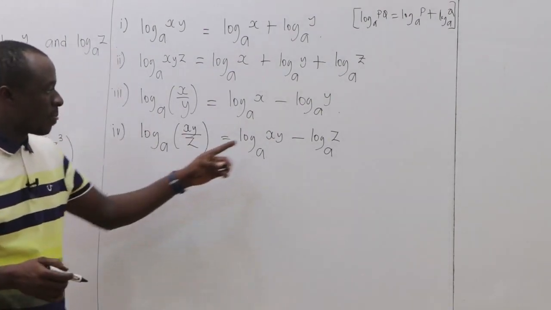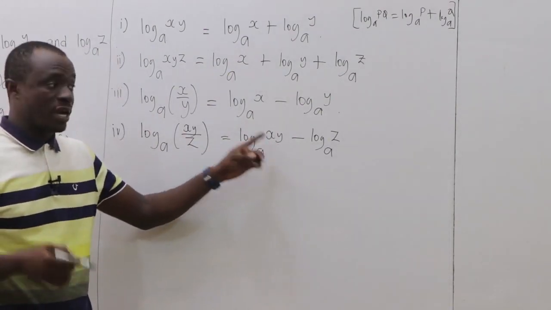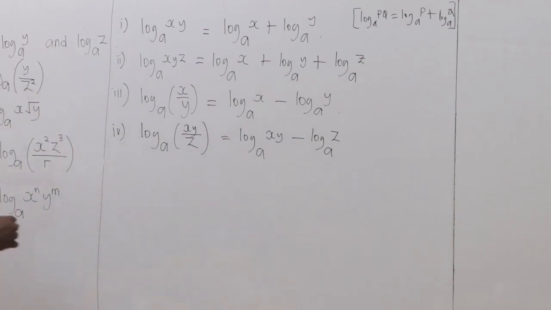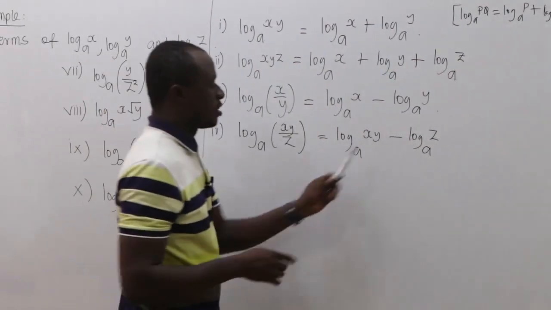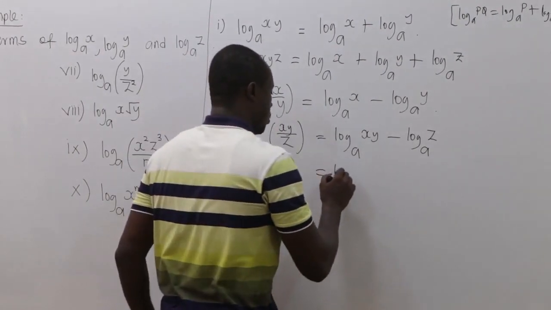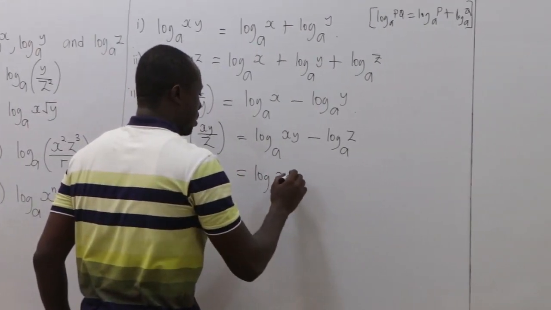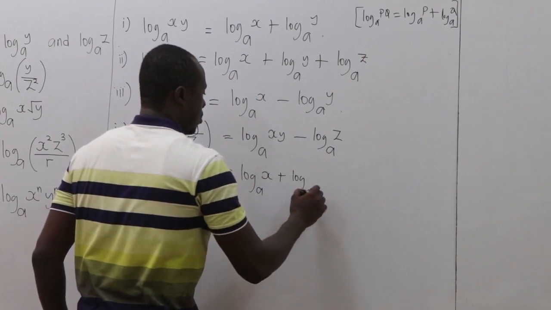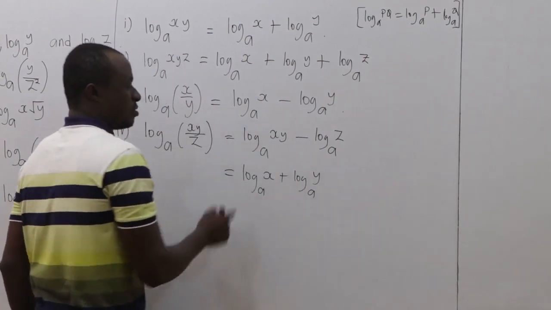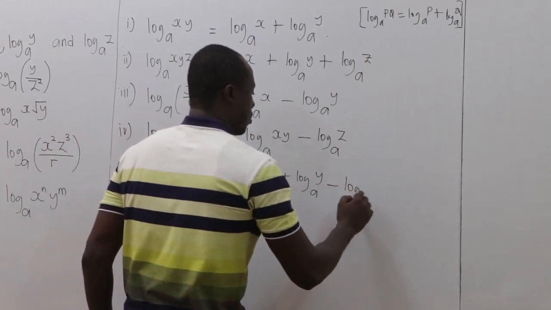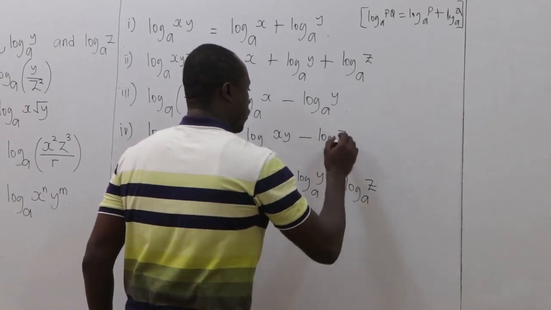So that's what we have here. But then you can see that here we have xy. We are told to express in terms of log a of x and log a of y. Now this is multiplying, so this is the same as log a of x plus log a of y. This we reduce to this, minus log a of z.